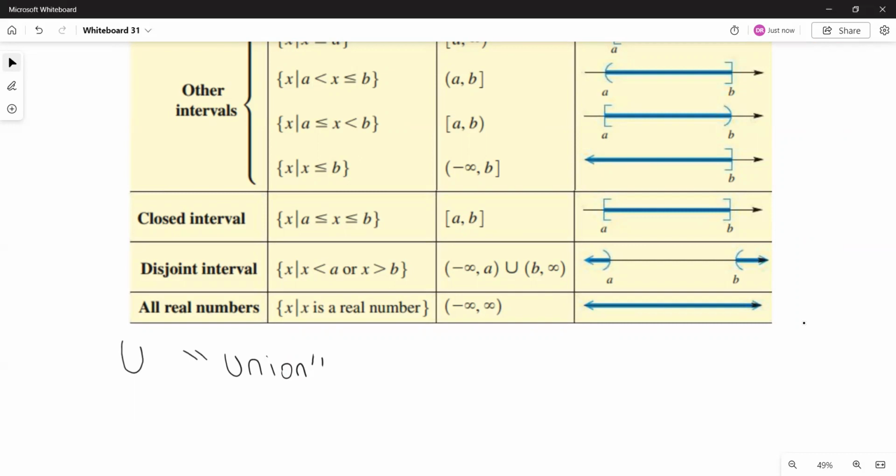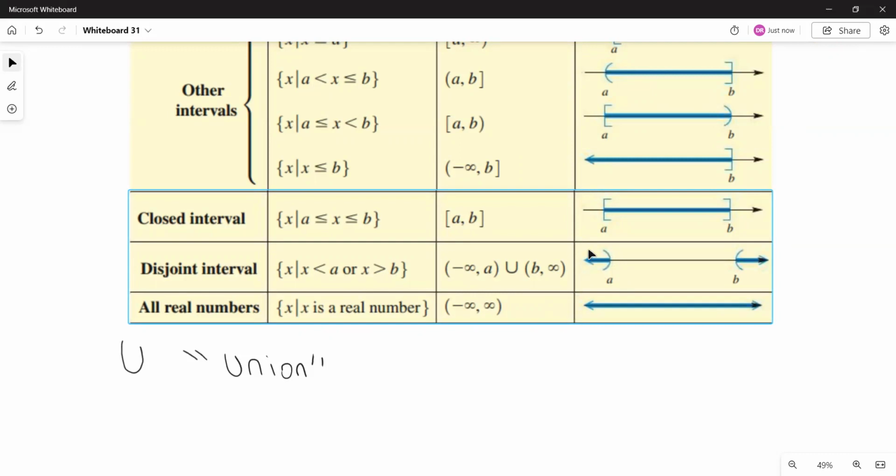We put the intervals together with the union symbol, like the set of all x such that x is less than a or x is greater than b, where a is less than b, is going to be written like that. And you have two intervals, and those may have brackets, like minus infinity, a bracket, union parenthesis b, infinity, or some other combinations.